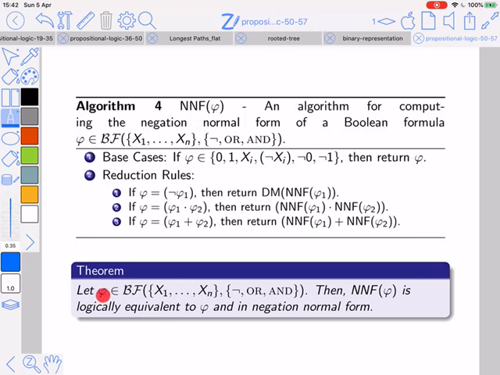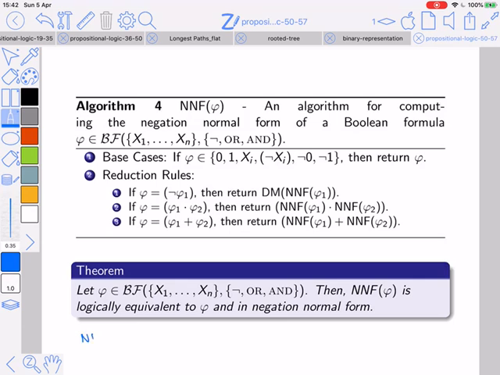The theorem says that if phi is a Boolean formula that uses the connectives not, or, and, then NNF of phi is a logically equivalent formula that is in negation normal form. Okay? So, there are actually 3 things that we claim about NNF of phi.